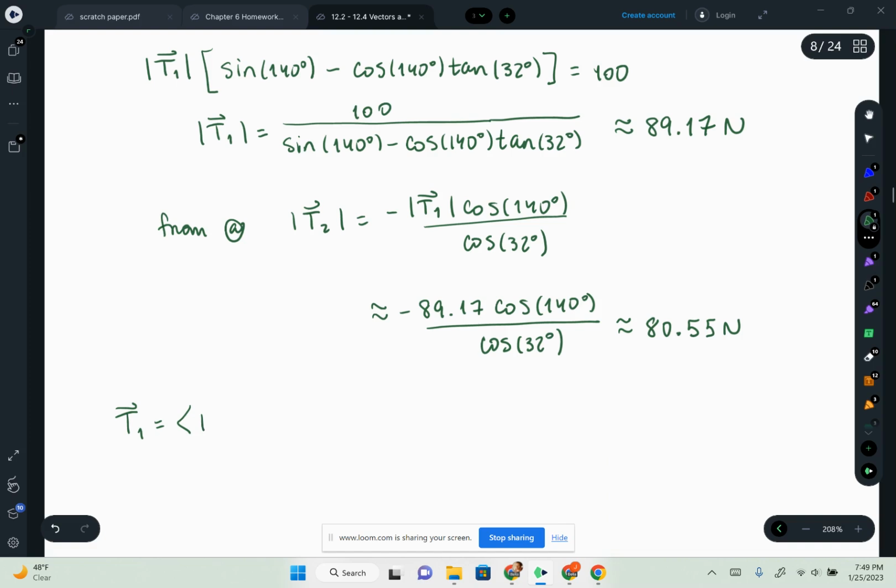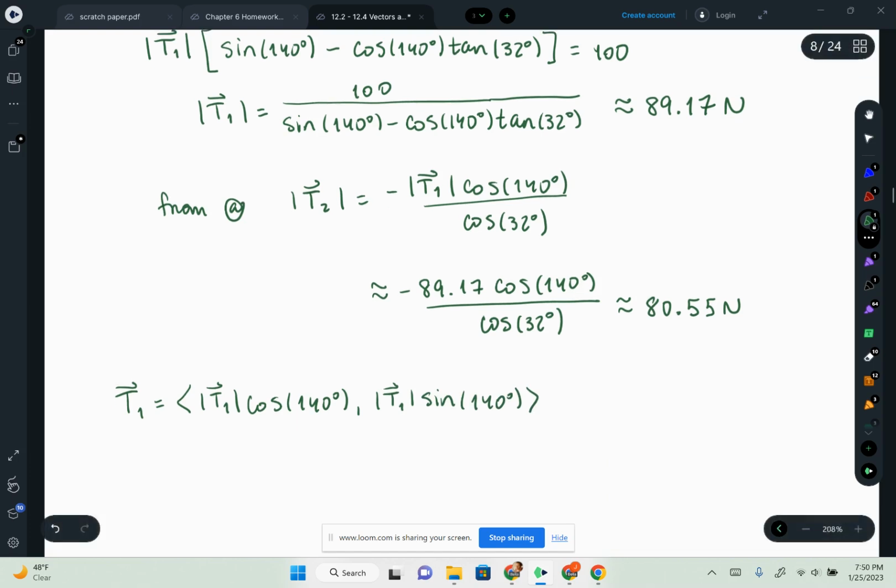T1, remember, was the magnitude of T1 times the cosine of 140 degrees, and then the magnitude of T1 times the sine of 140 degrees. So this is T1 here, and then this is T2 here.